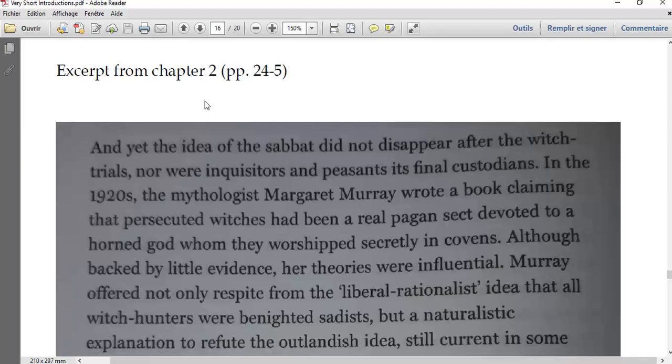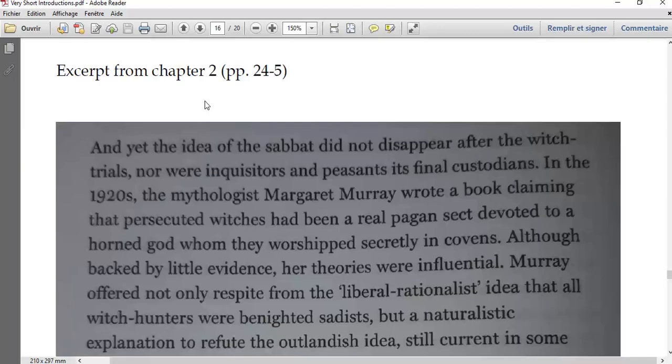Historiography has to do with the way in which a historian, here Malcolm Gaskill, revisits and deconstructs previous historians, which means that this very short introduction on witchcraft is not just a historical essay on what witchcraft has been, but also an introduction to what previous historians said and how possibly some of them were wrong or biased, so that Malcolm Gaskill is trying to reassess the notion of witchcraft itself.